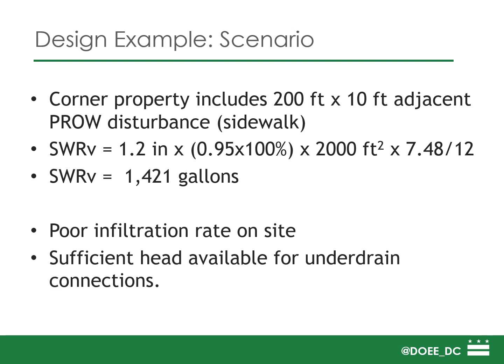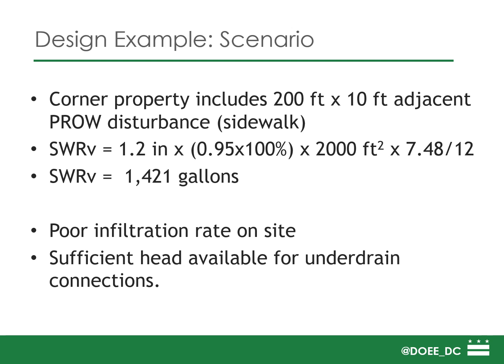So multiplying that by the 100% impervious sidewalk, so you've got the 0.95 coefficient multiplied by the 2,000 square feet of sidewalk, converting to gallons, you get 1,421 gallons of our stormwater retention volume. And so that's going to be the target that we're looking for in this design exercise.